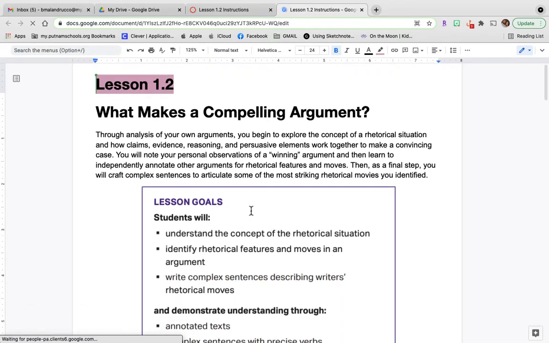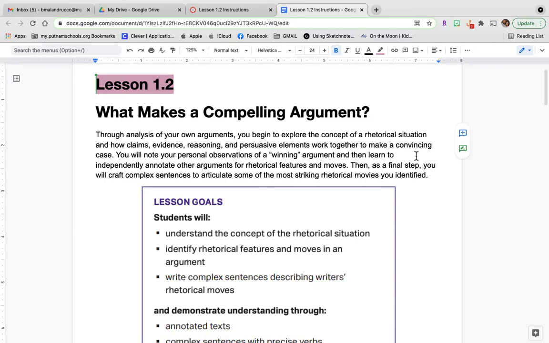So lesson 1.2, what makes a compelling argument? Through analysis of your own arguments, which is what you did in the lesson 1.1 10-minute quick write, technically, you made an argument. You begin to explore the concept of a rhetorical situation and how claims, evidence, reasoning, and persuasive elements work together to make a convincing case.